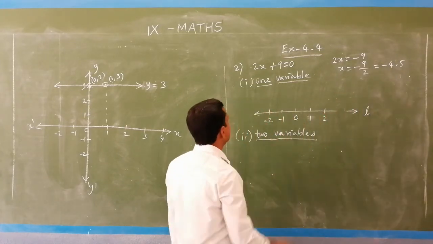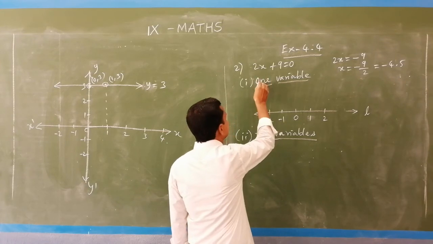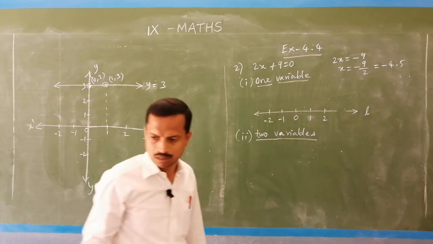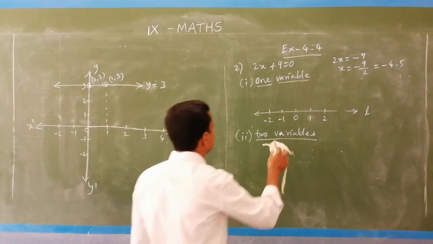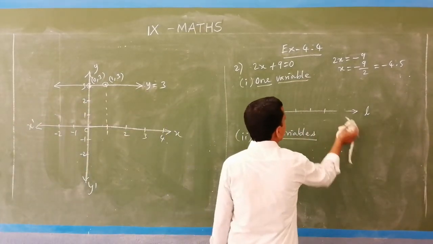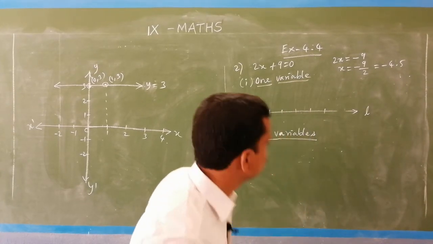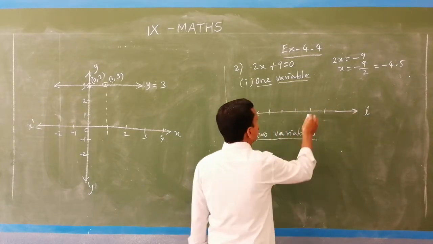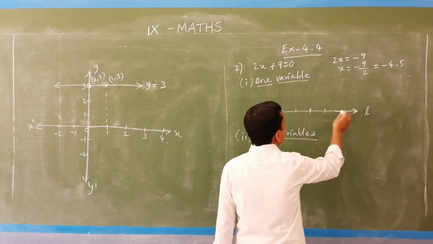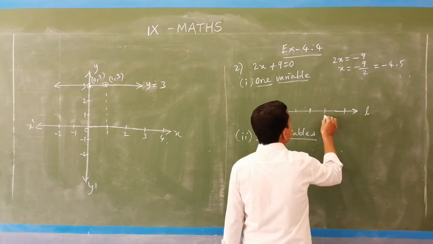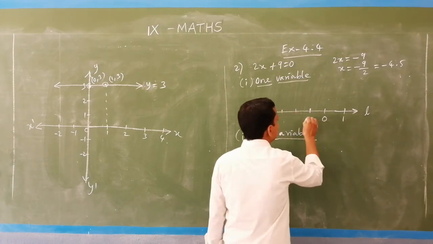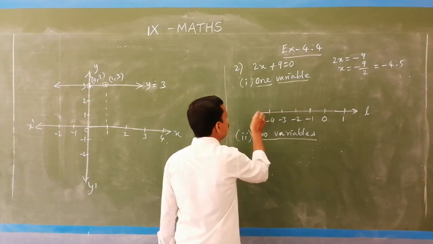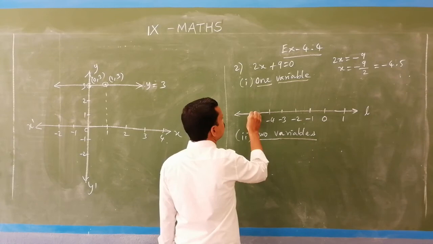So, how do we represent it in one variable? You just draw a line. Put 0 here, and then minus 1, minus 2, minus 3, minus 4, extend this, and you get minus 5 here.